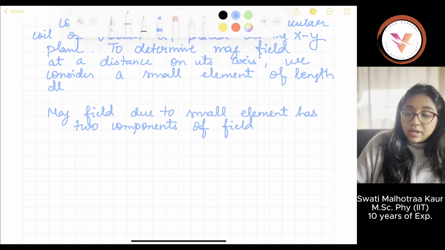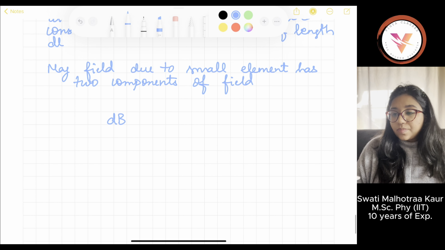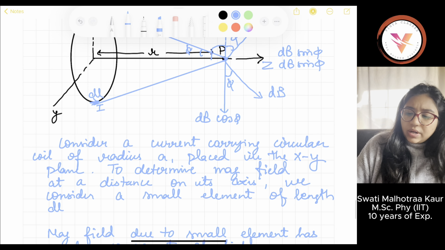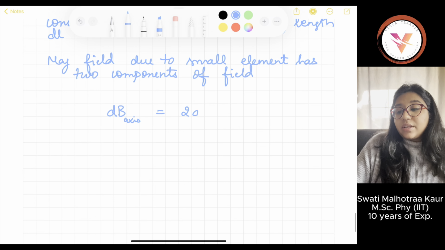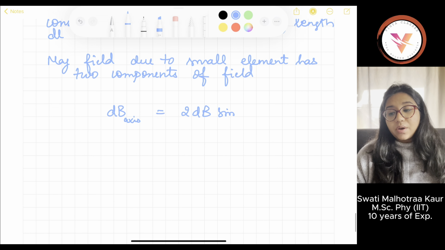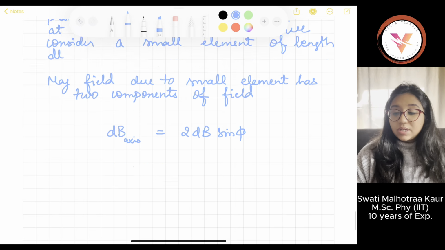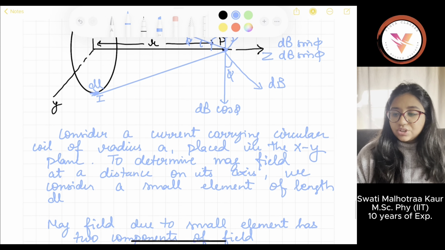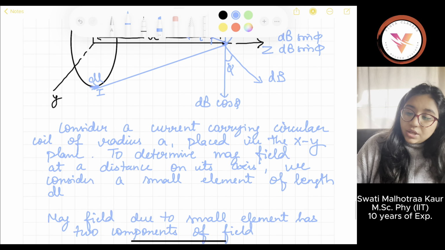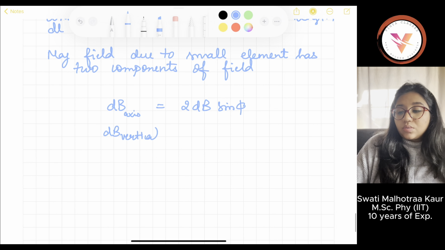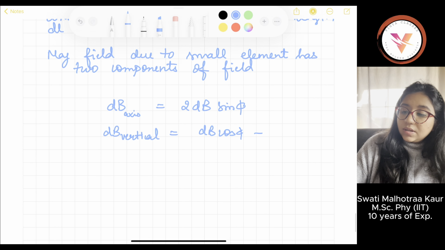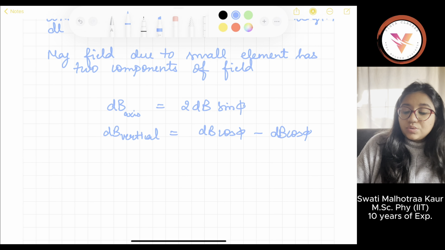First is along the axis, the z axis, which is 2 dB sin phi. The other are the verticals, which are the same and cancel each other, dB cos phi minus dB cos phi, which equals 0.